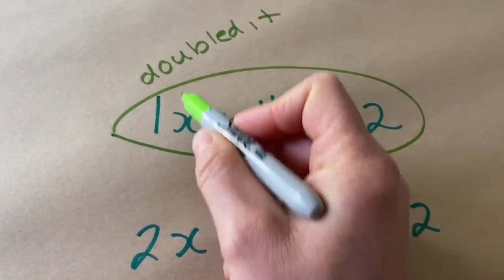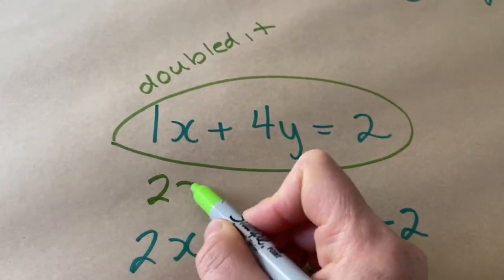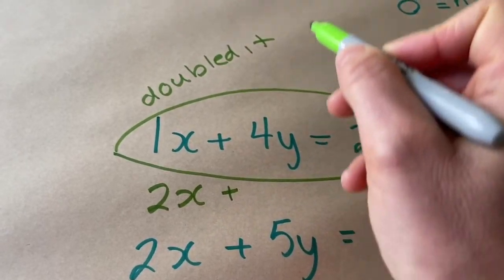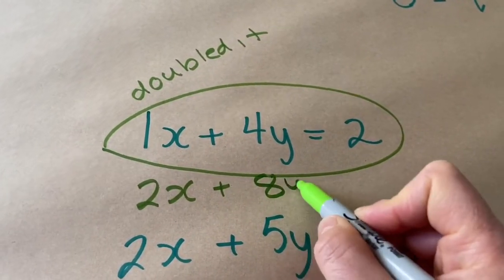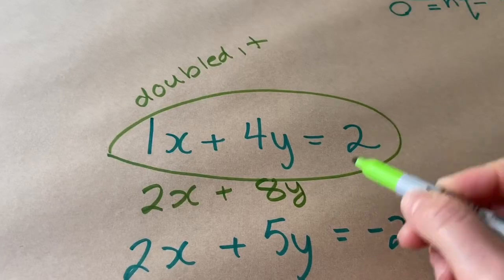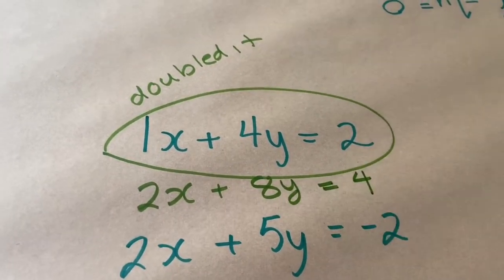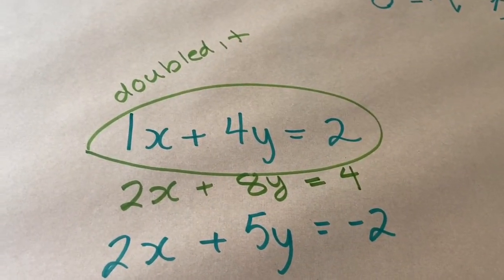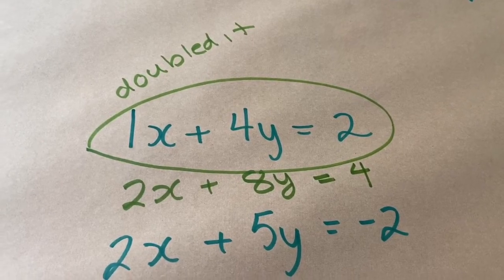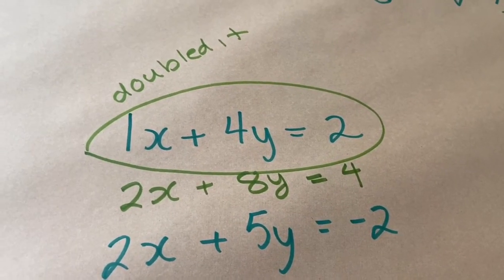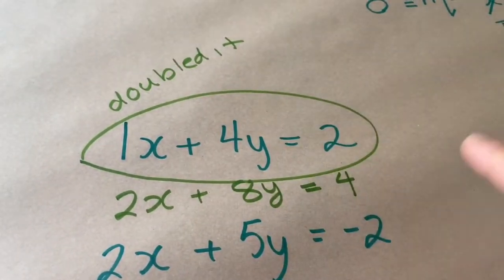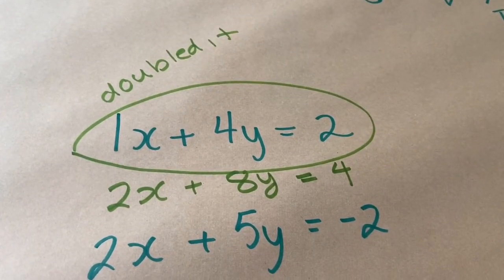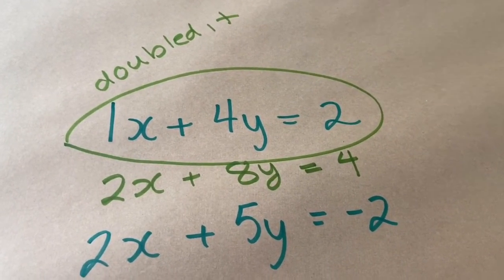I would have 1x times 2 is 2x. 4 times 2 is 8y. 2 times 2 is 4. You can do anything you want to an equation as long as you do the same thing to both sides. So I've doubled the left side and I've doubled the right side, and that's perfectly allowable when you're doing algebra.